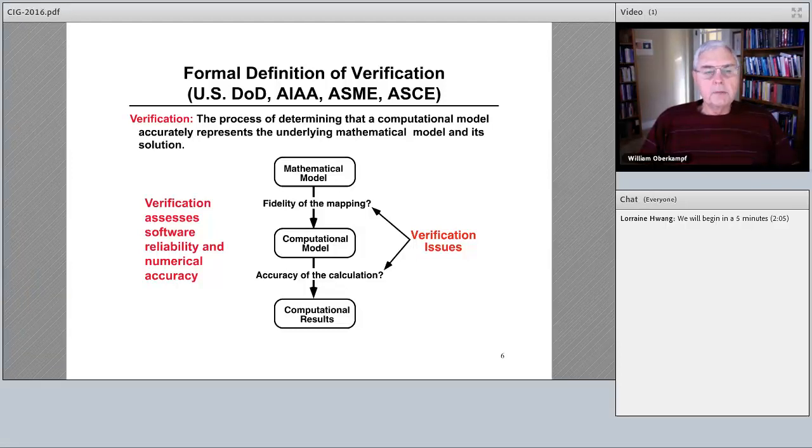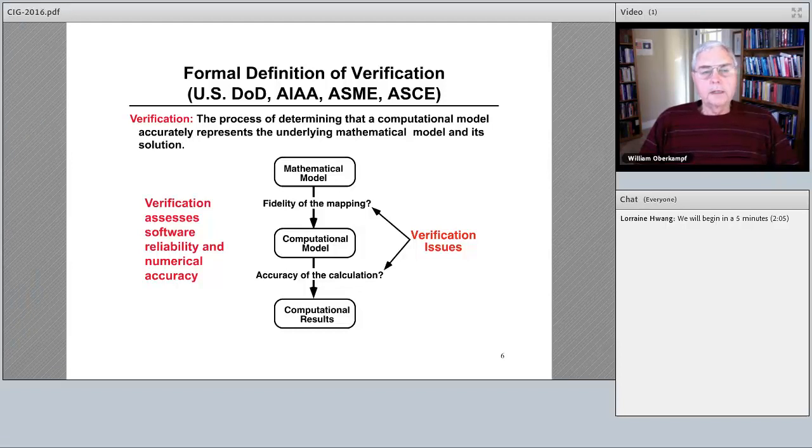Then you have the mapping of that mathematical model, which only exists as a calculus problem, typically. And it is mapped to a computational model. Here I use that term, but it's actually a discrete model. A discrete model exists not only in the discrete world itself, it also exists primarily, we're interested in, software.